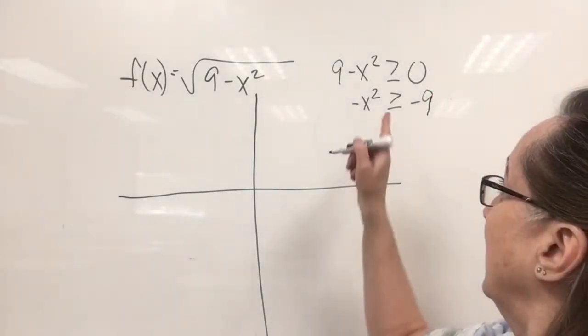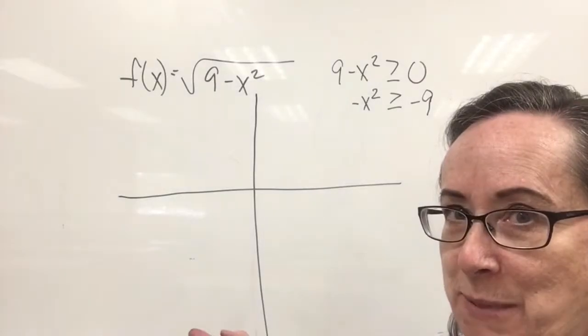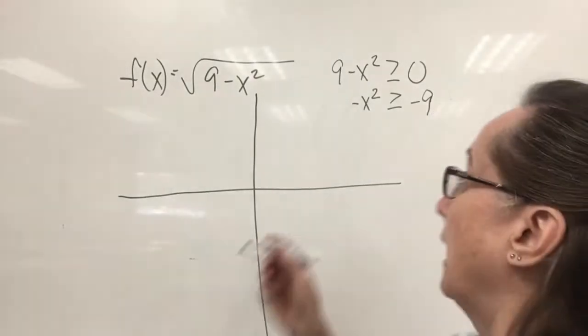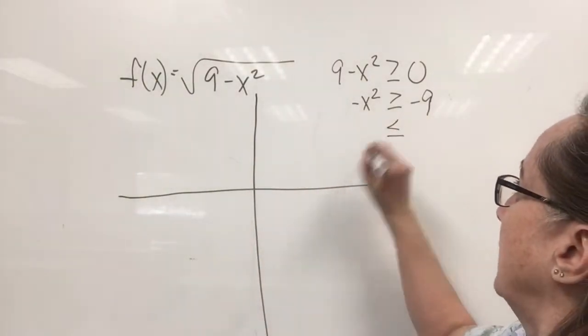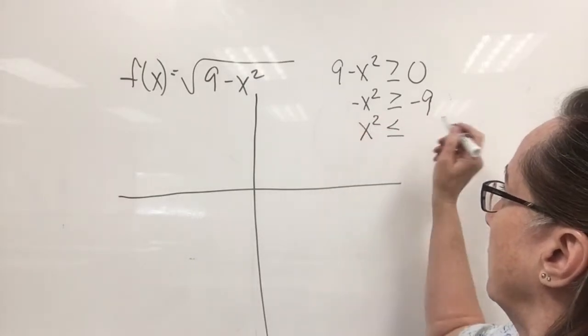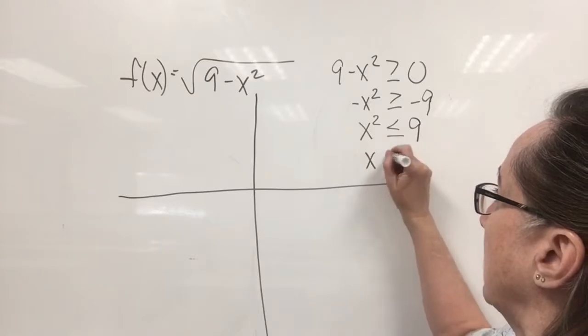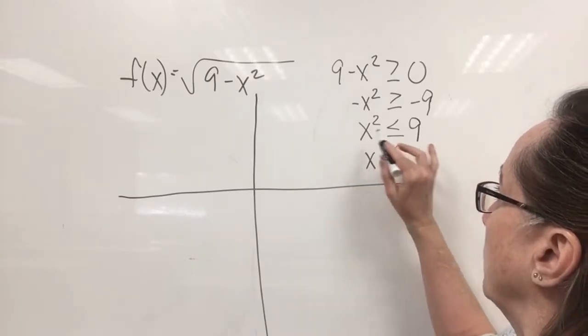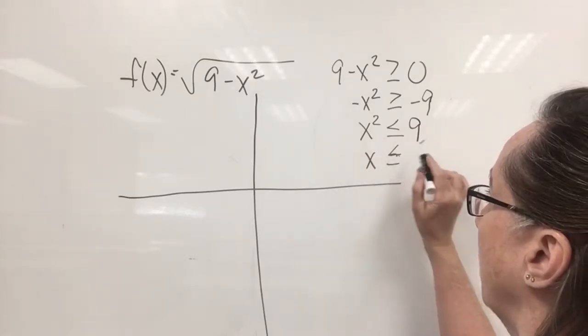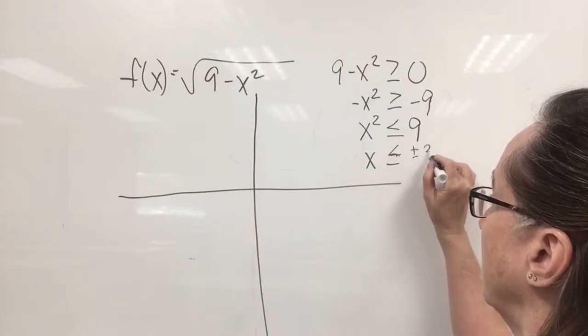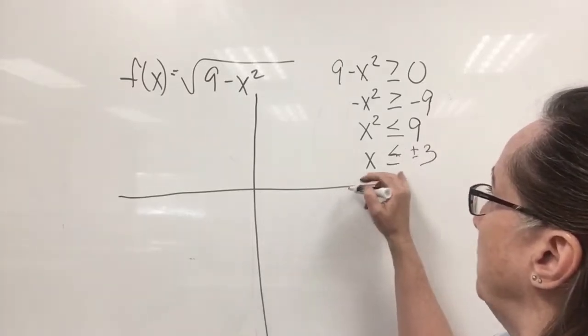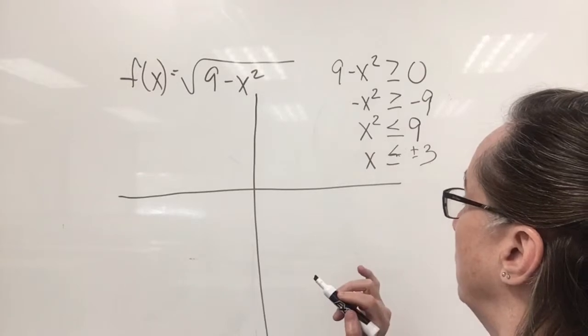And then I'm going to divide both sides by a negative, but what happens when I do that? I need to flip this sign around, and I get x squared is less than or equal to 9, or x is less than or equal to plus or minus 3. So we should be going in between those two numbers.